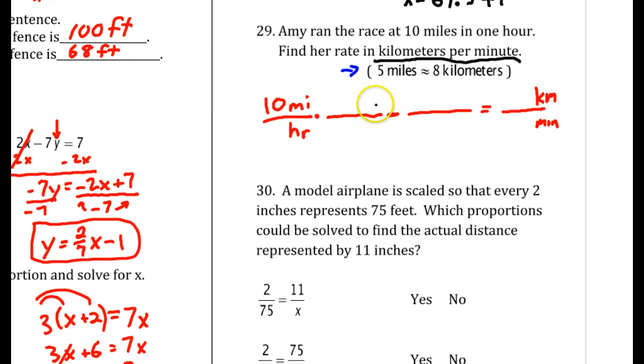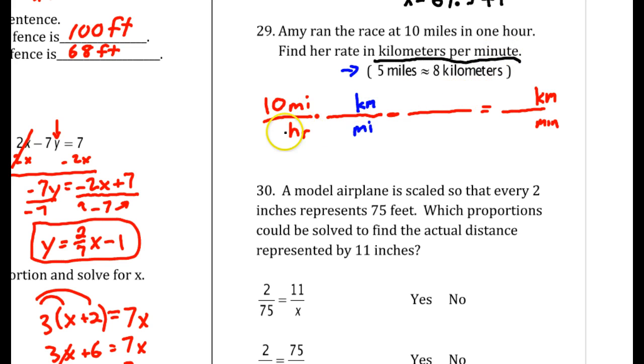So I'm going to convert miles to kilometers. Since miles is on top, I'm going to put the miles on the bottom here and kilometers on top. Since I want my kilometers on top at the end, I want my miles to cancel out, so I want to make sure one's on the top, one's on the bottom. Okay. And then also I want to convert the hours to minutes.